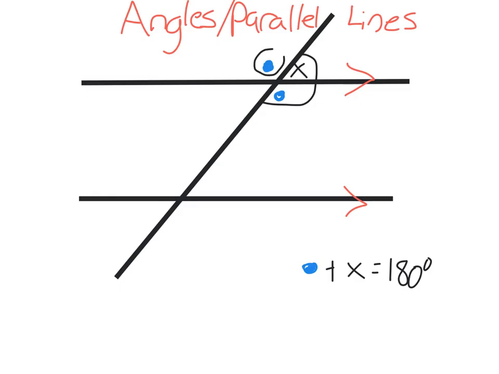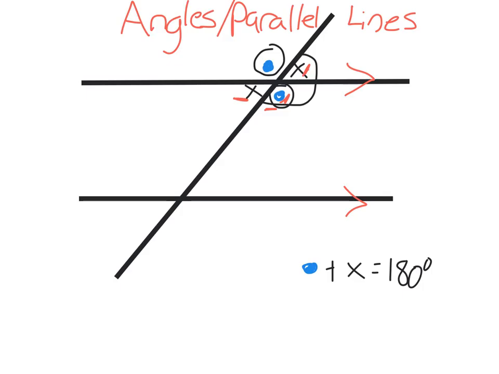So that means that this angle here and this angle here must be equal. Similarly, because this and this add to 180, but also this and this add to 180, this angle here is also equal to the one opposite it. So vertically opposite angles are equal. That's the first point that we need to know.